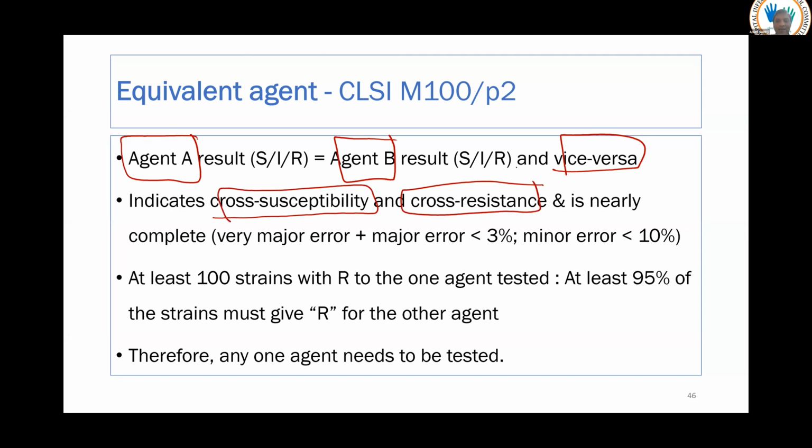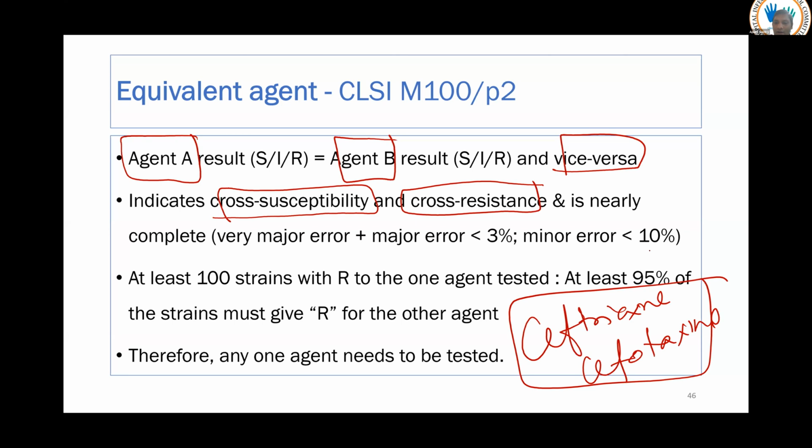The very classical example is ceftriaxone and cefotaxime. These are the two antibiotics for the Enterobacteriaceae family, or Enterobacterales. They are considered as equivalent agents. If you test ceftriaxone, you can report cefotaxime. If you test cefotaxime, you can report ceftriaxone.